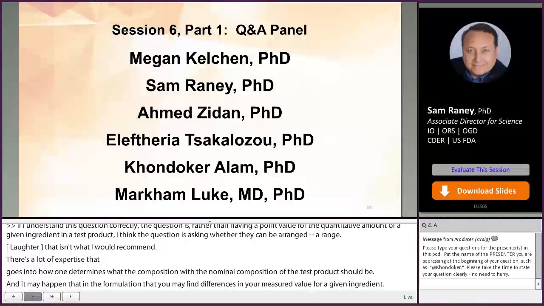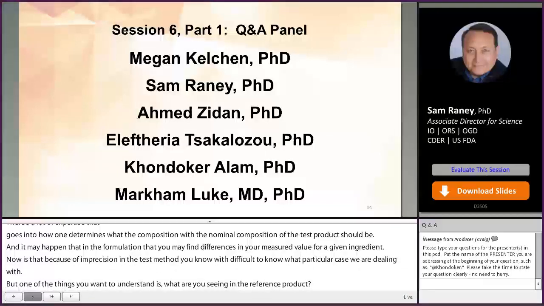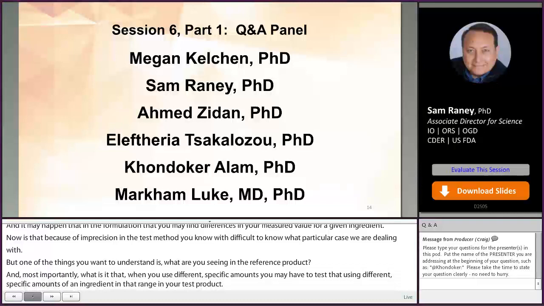But one of the things you want to understand is, what are you seeing in the reference product, and most importantly, you may have to test out using different specific amounts of an ingredient in that range in your test product, manufacturing it using your process, and seeing what the Q3 characteristics are, and then making a decision of what your test product is going to be.